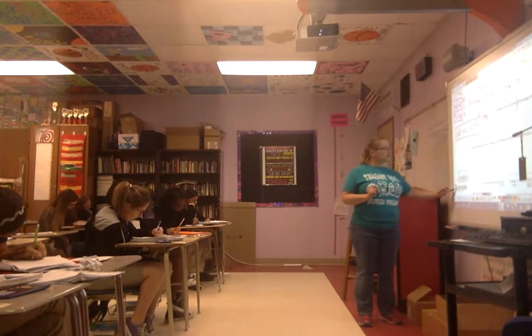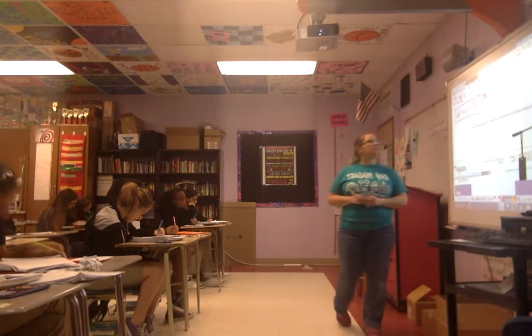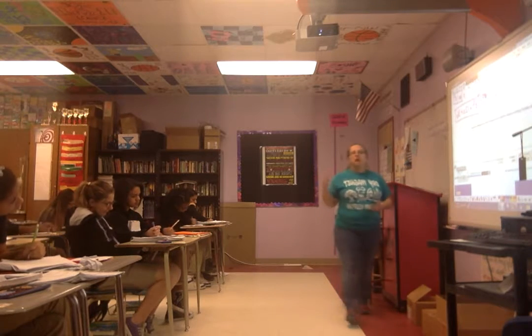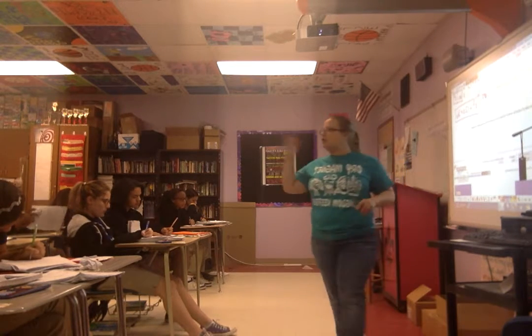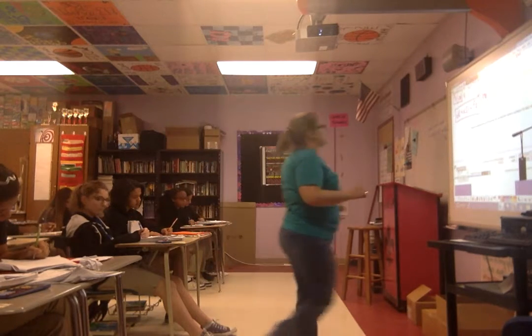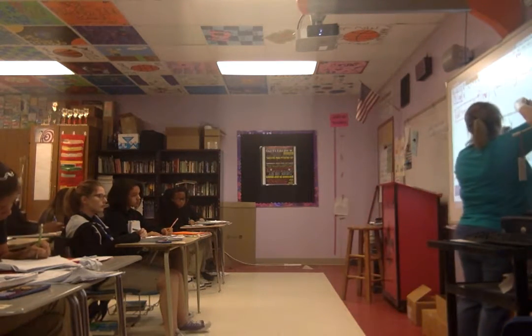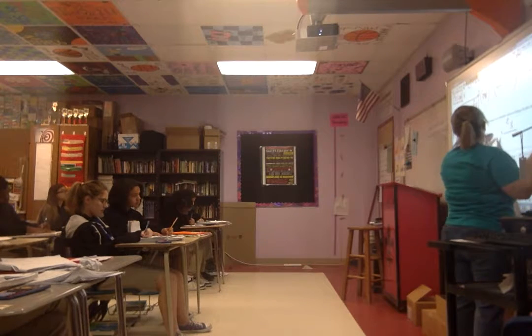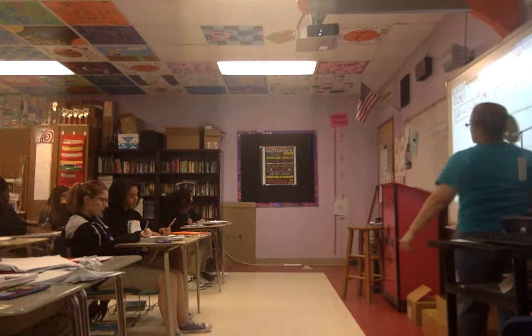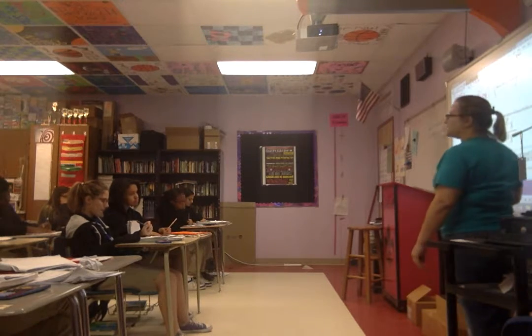So let's look at number 6. It says the cube of a positive number divided by the square of the same positive number. I'm going to help you with this one. So cube tells me I'm raising to what power? 3. So x cubed divided by x squared.